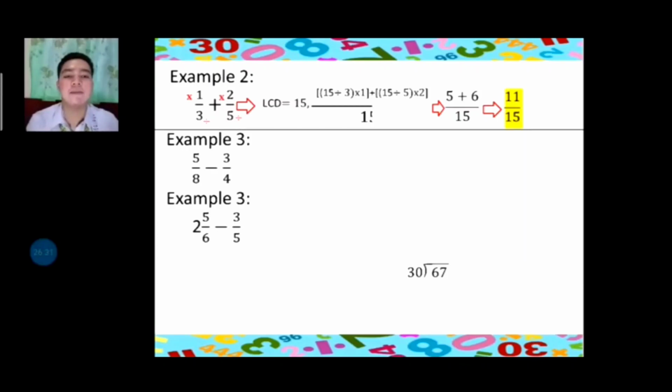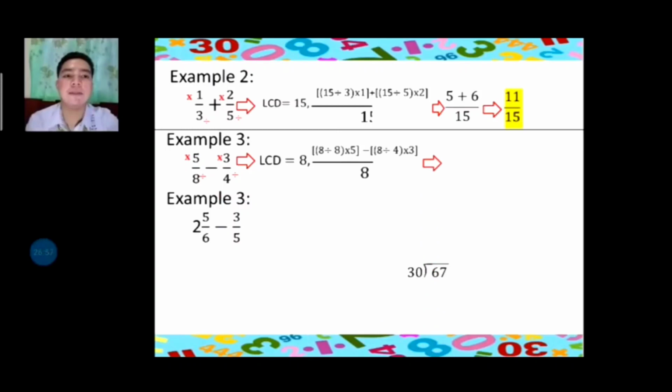Example number 3. 5 over 8 minus 3 over 4. What will be the LCD? Our LCD is 8. So our denominator will be 8. We have to divide it by the denominators and multiply it by the numerators.